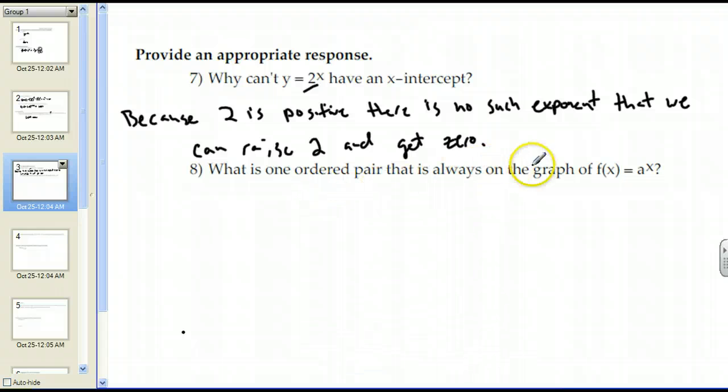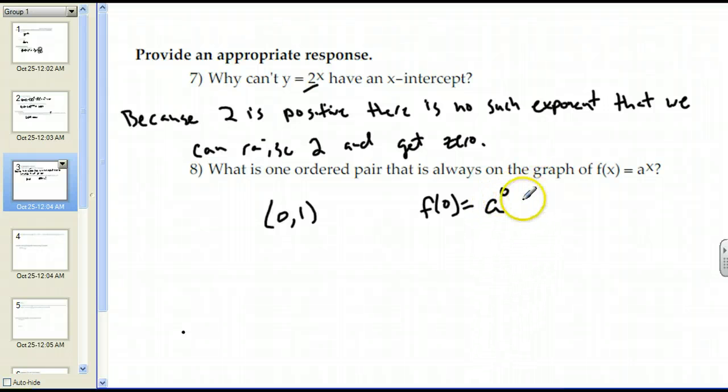What's one ordered pair that's always on the graph of f of x equals a to the x? That ordered pair is always 0, 1. So f of 0 would be a to the 0, and what is anything to the 0 power? Again, a can't be 0, because a, the base, has to be a positive number.